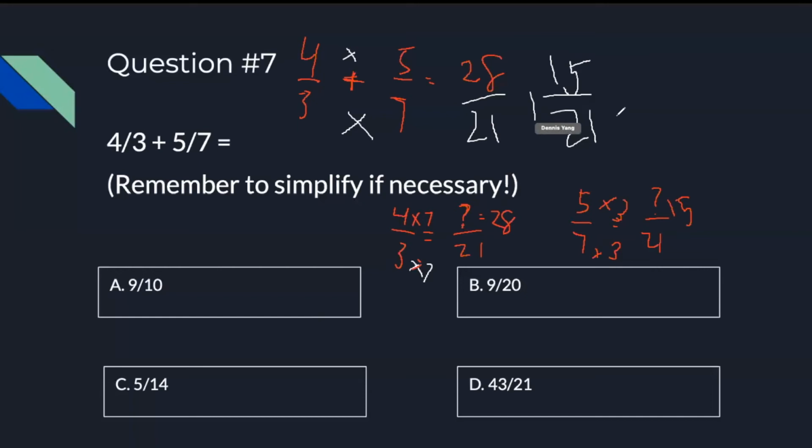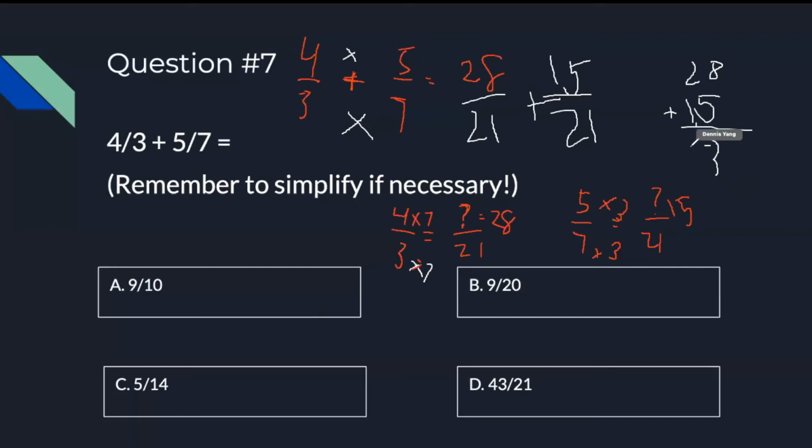So what's the final answer? Since the denominators are the same, I just need to add up these two. So 28 plus 15. So 13, right here I do 13, but here I have the 1.